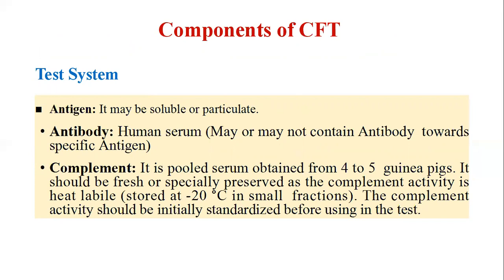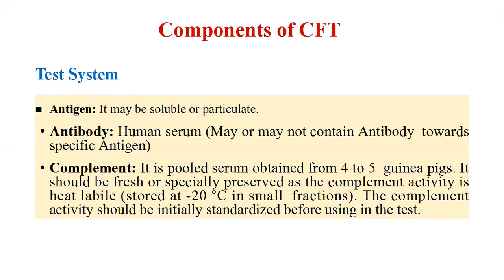The second component is the antibody, which is the human serum raised towards a specific antigen. The third is the complement, which you can get by pooling the serum obtained from 4 to 5 guinea pigs.